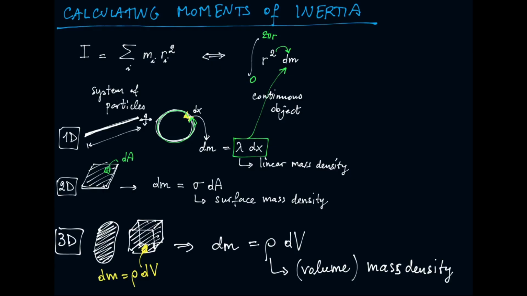In practical cases, what you often do is look at tables of moments of inertia for interesting or common shapes. I'll draw just a couple of examples, but you can find many more and they're really interesting.